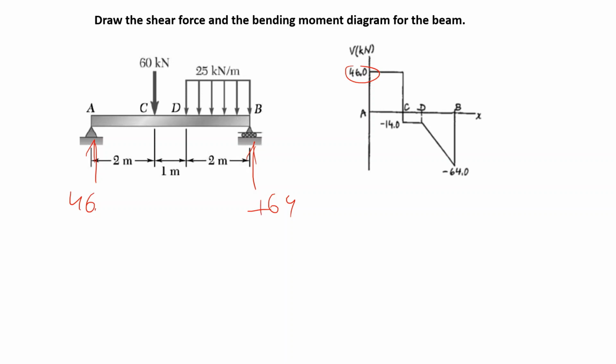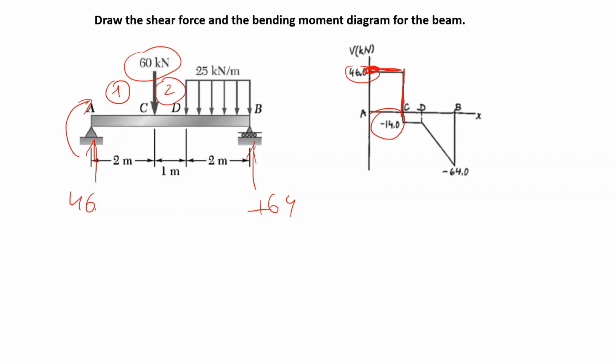So let's begin drawing. This point is clockwise positive 46. Region 1, W is 0, no slope. Then a drop of 60. 46 minus 60 gives minus 14.